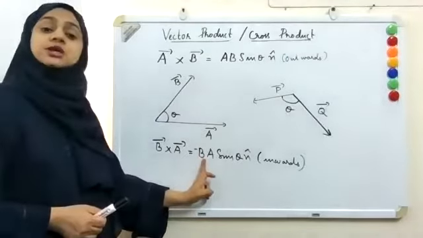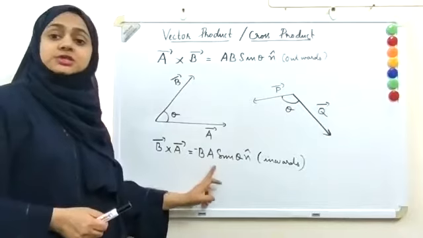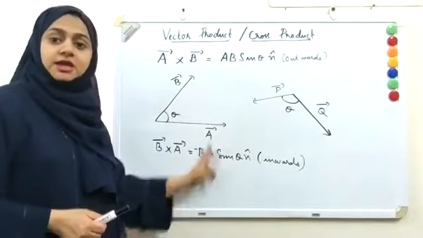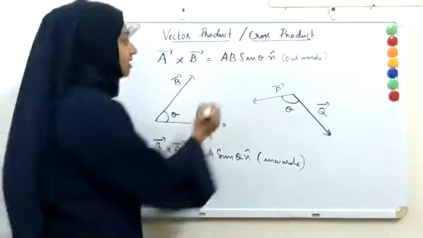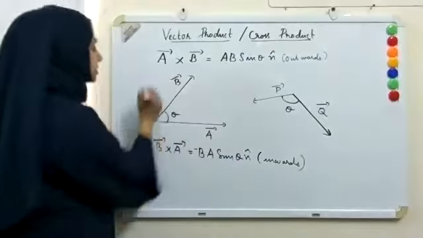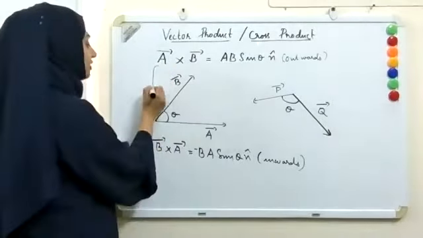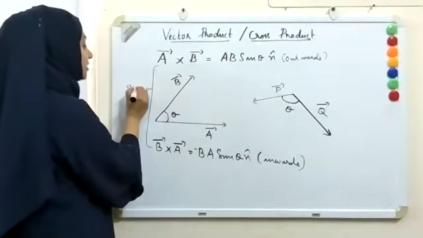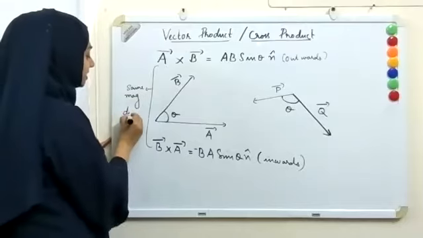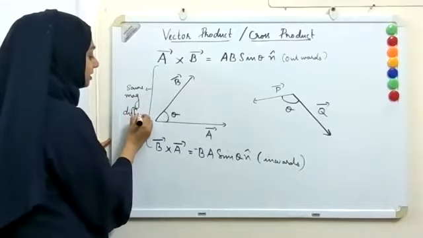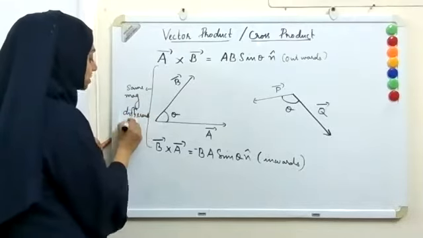Magnitude of B cross A is BA sine theta, which is same, right? B and A are just numbers. So their magnitudes are same. Both of them have same magnitude, but different direction. Different or opposite direction.